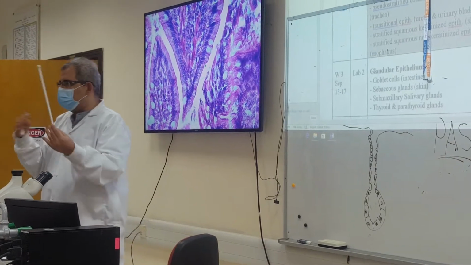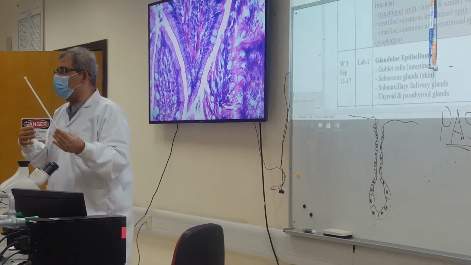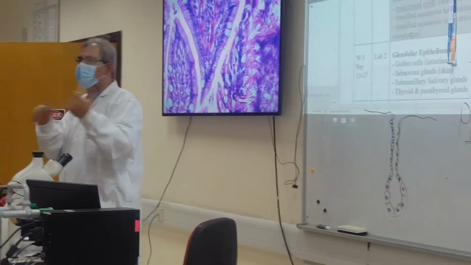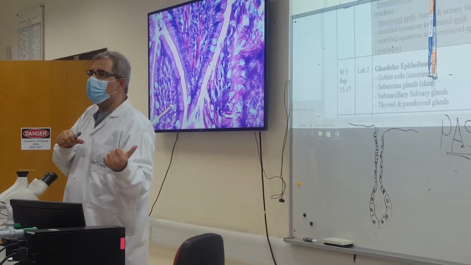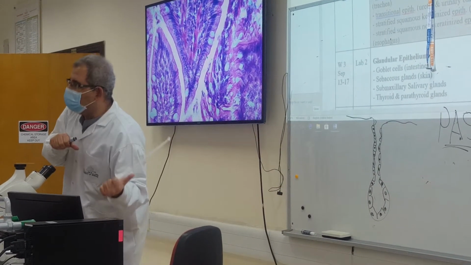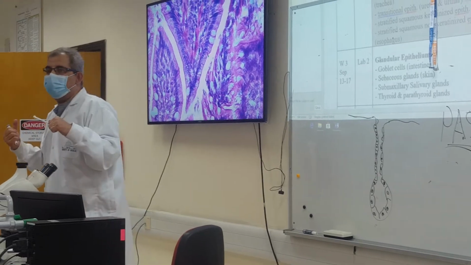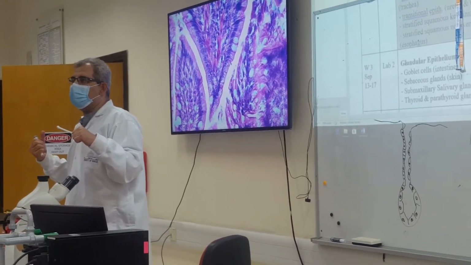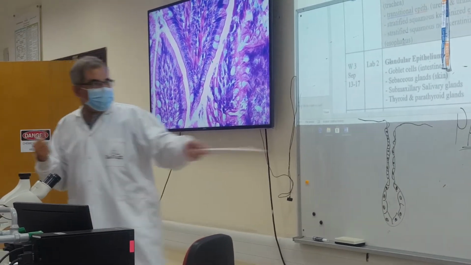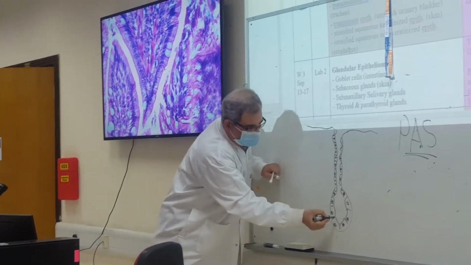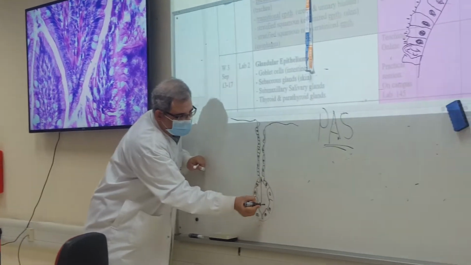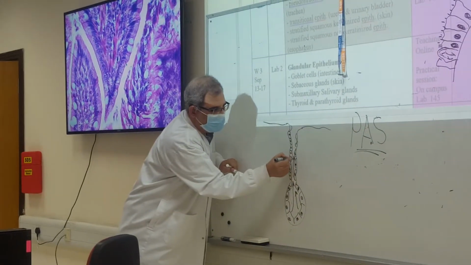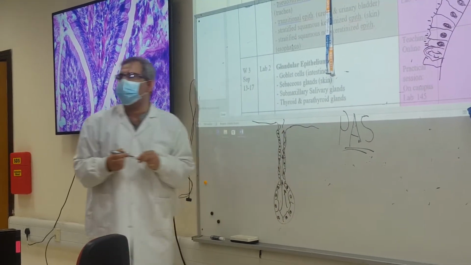Remember the difference between these two types of glands. Endocrine, the secretions, where do they go? Directly to the bloodstream. How about the exocrine? The secretions, where do they go? Like this one, inside the cell. It will go to the ducts. There is a duct and it will be secreted.